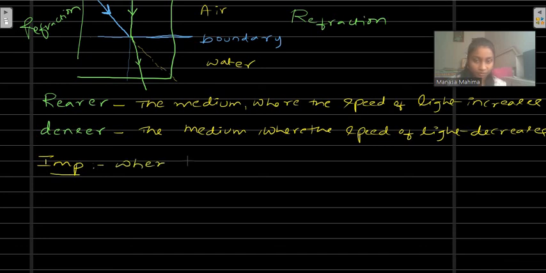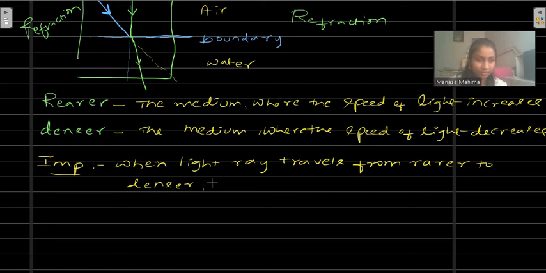When a light ray travels from rarer to denser, how will the ray bend? You can see two cases, right? Either the ray can bend like this or like this.